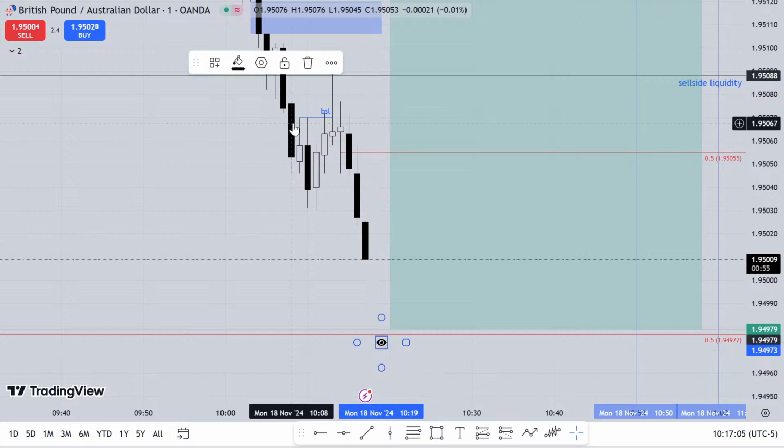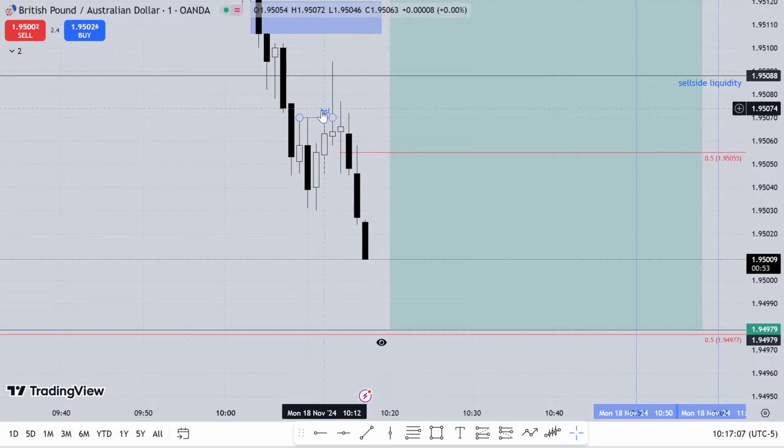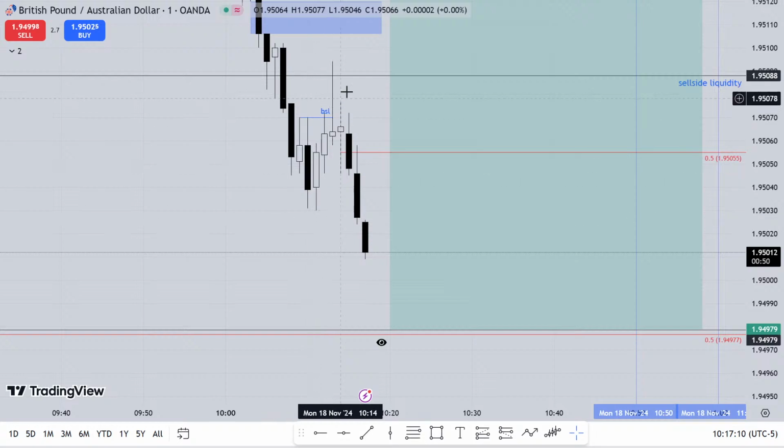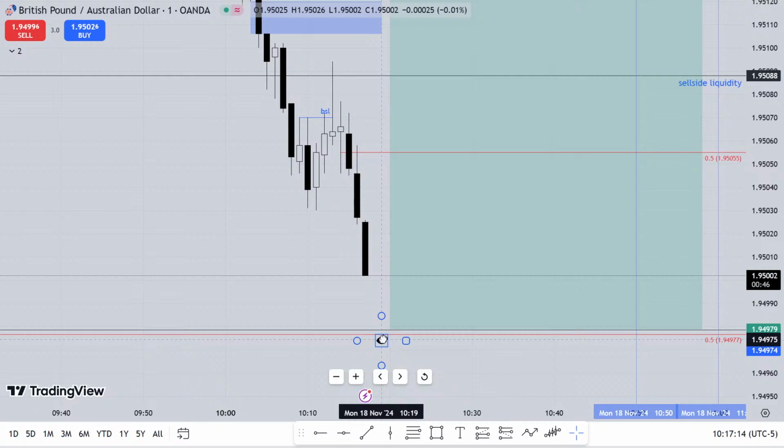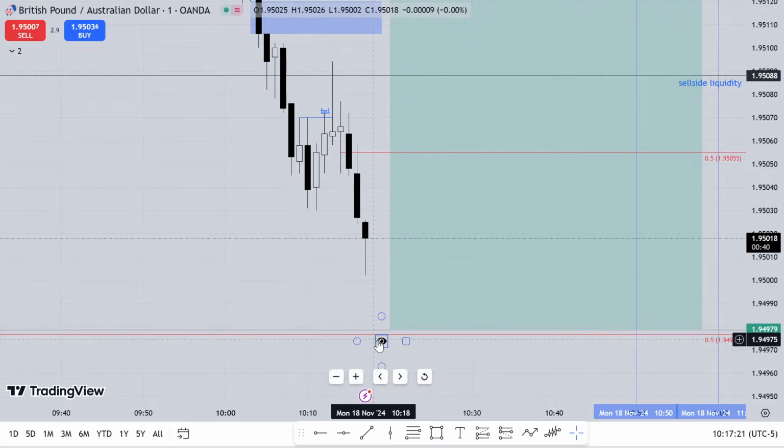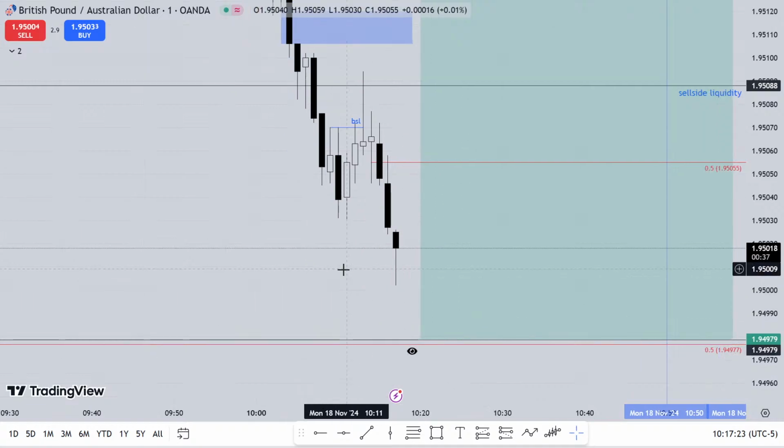So we paired buy side liquidity here, which is a minor buy side liquidity, and then price drops lower, seeking this 0.5 equilibrium, which is of true fair value.